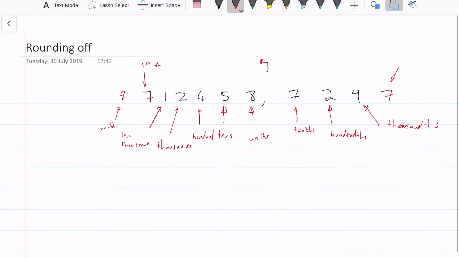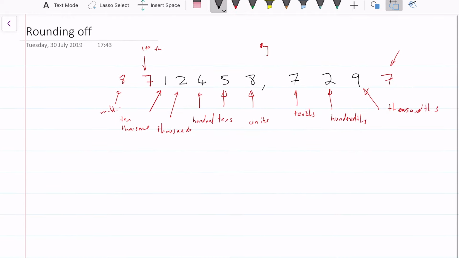After the decimal point, the tenth is also known as the first decimal place. The hundredth is known also as the second decimal place, or two decimal places. The thousandth is also the third decimal place, and so on.